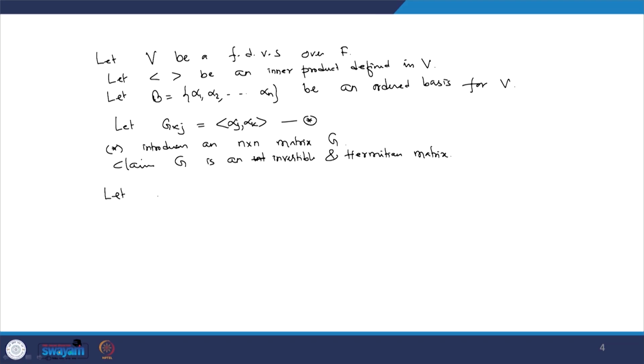Let alpha belong to V be any element, and beta also belong to V be an element.